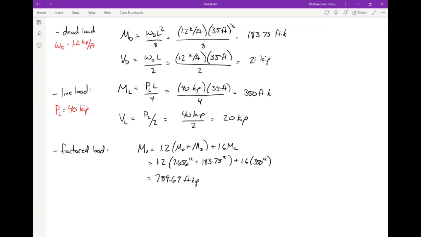And we'll go ahead and compute VU just for the heck of it. Again, it's sort of a formality.